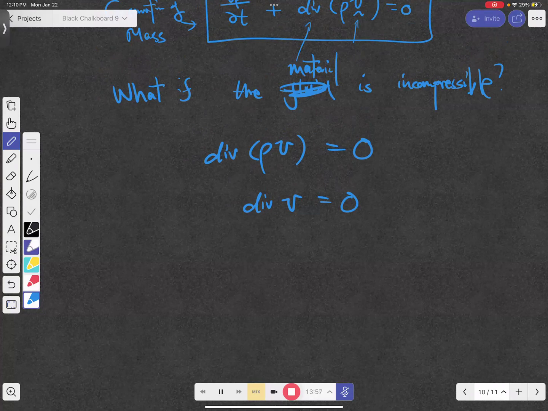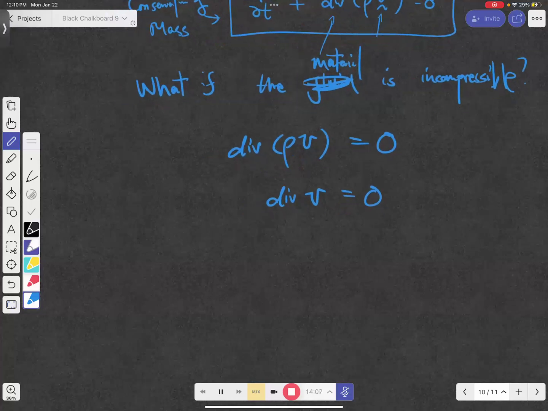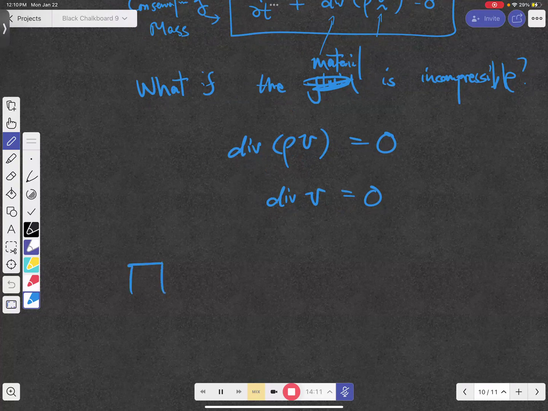Does that make sense? What are the different ways to say divergence v equal to 0? There are also different ways to say that, so let me revisit that a little bit, to remind you of your undergraduate experience. Let's consider a cube with dx1, dx2, dx3.